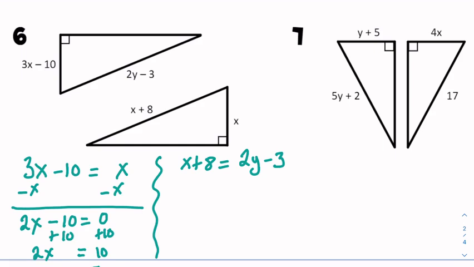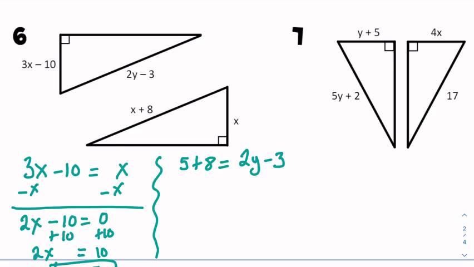So now I know what x equals, so that's part of my answer. But then I need to figure out what y equals. So jumping over to our other equation here, remember, I couldn't figure this out because I had two unknowns, but now I know what x is. So let's rewrite it. Instead of an x here, I'm going to write a 5. So now it says 5 plus 8 equals 2y minus 3.